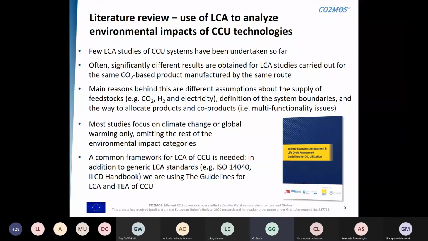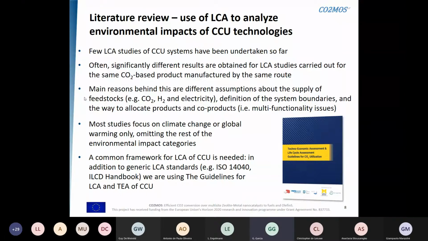Also, there are some discrepancies between the different studies, even if they analyze the same product produced by the same route. And the main reason for this is the different methodological choices and assumptions made. For example, the supply of feedstocks, definition of the system boundaries, and the way to allocate products and co-products.